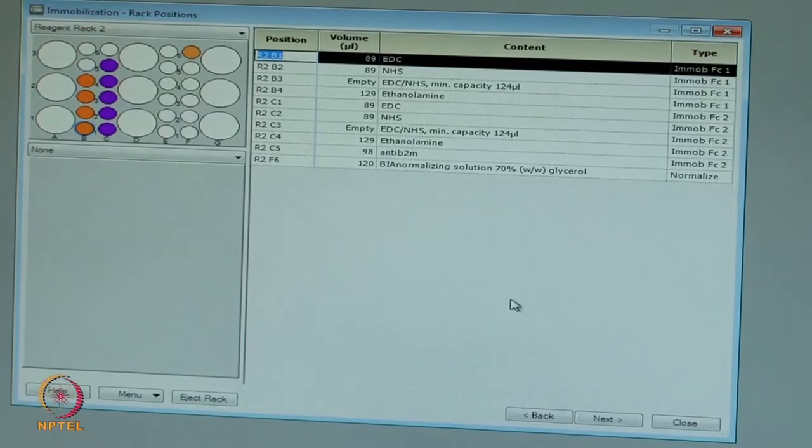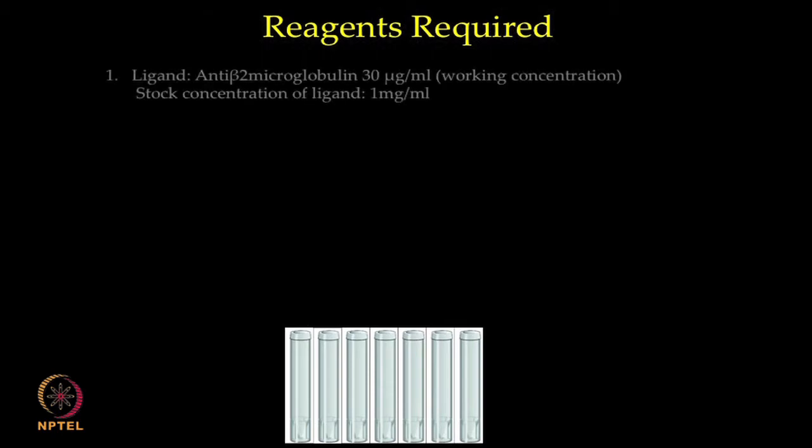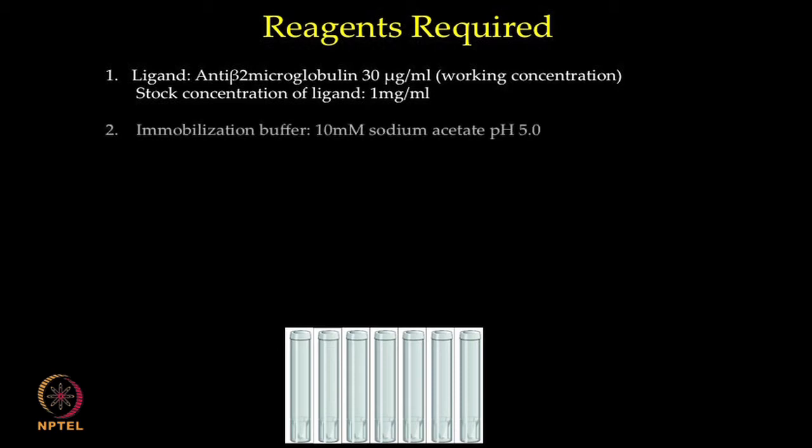As was listed on the table, we will now have a closer look on the buffers and reagents required for immobilization of anti-beta-2 microglobulin. The reagents include a stock concentration of anti-beta-2 microglobulin from which a working concentration of 30 microgram per ml will be made using an immobilization buffer of 10 millimolar sodium acetate pH 5.